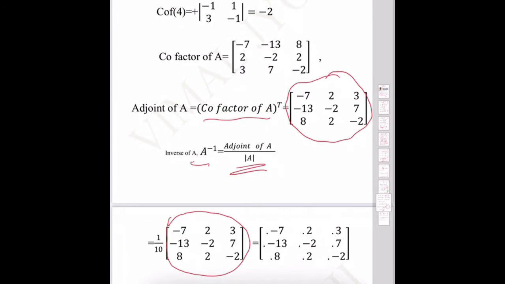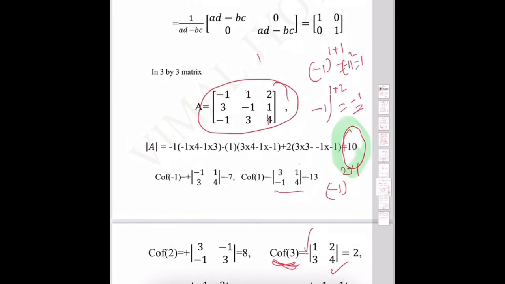Then adjoint of A divided by determinant of A, that is adjoint of A divided by 10. That is minus 7 divided by 10, that is equal to minus 0.7, 2 divided by 10 is 0.2 and so on. Minus 2 divided by 10 is equal to minus 0.2. Okay. That is A inverse.